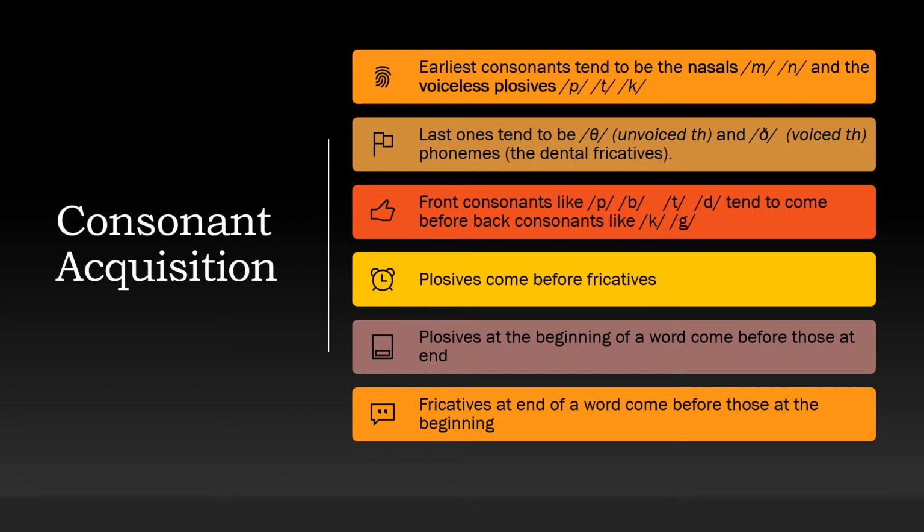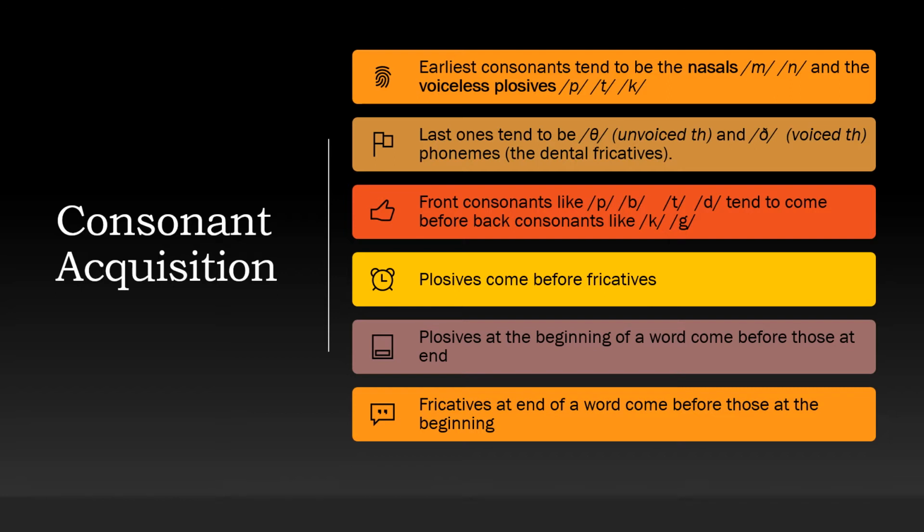The last sounds to be acquired tend to be the dental fricatives. These are the sounds that we represent graphologically with TH, but there are two very distinct sounds. Again, this is the pair. The first one, which looks like an O with a line through it, is the unvoiced sound, th, which is the same as the initial sound of think.